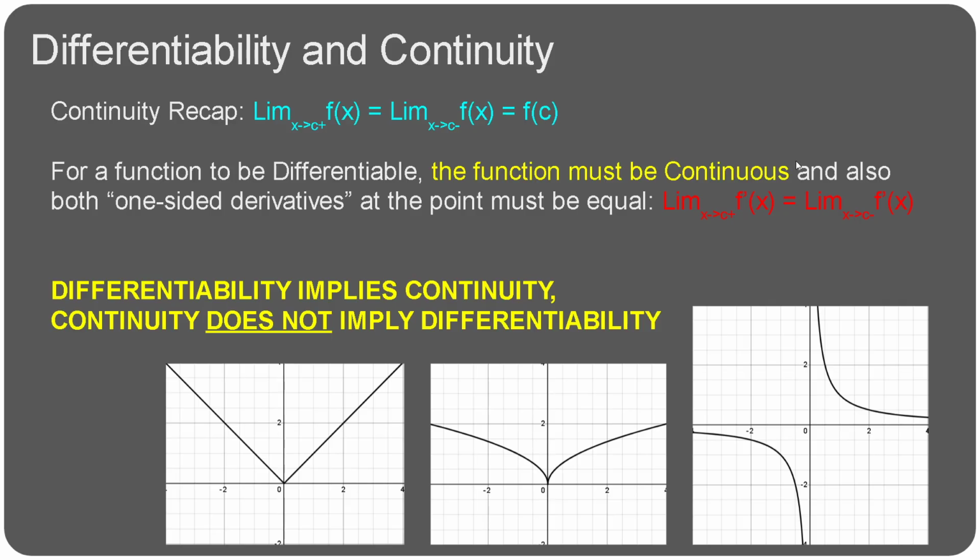And also, you can say the one-sided derivatives must be equal. So the derivative leading into the point and the derivative leading out of the point must be equal. And here's really important: differentiability implies continuity. If something is differentiable, that does mean it is continuous. It has to be. But continuity does not imply differentiability.